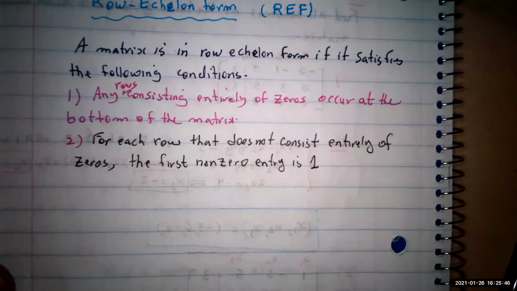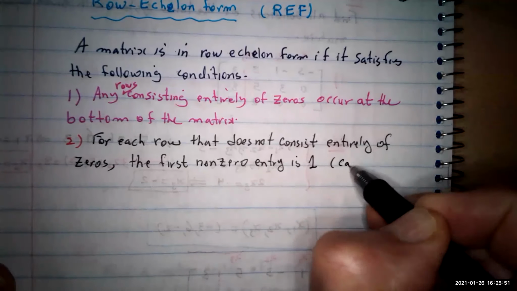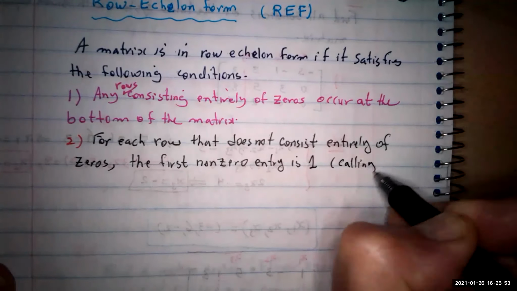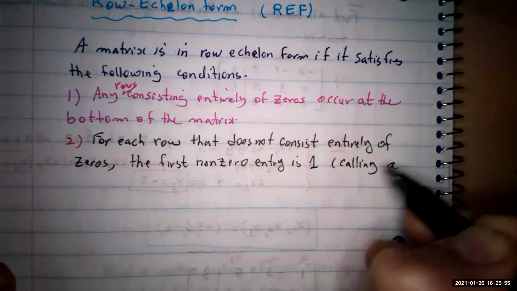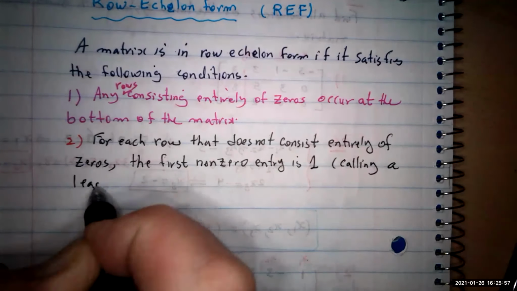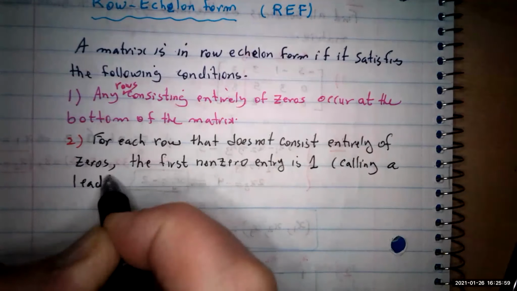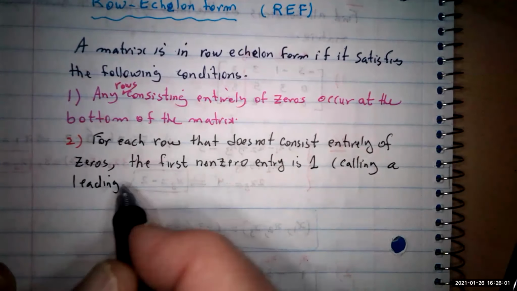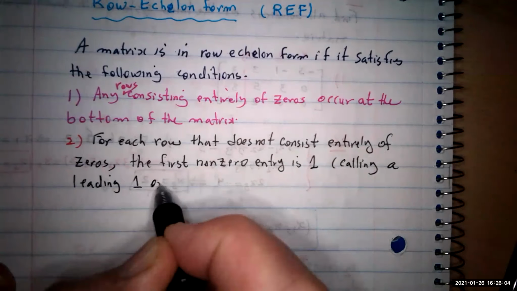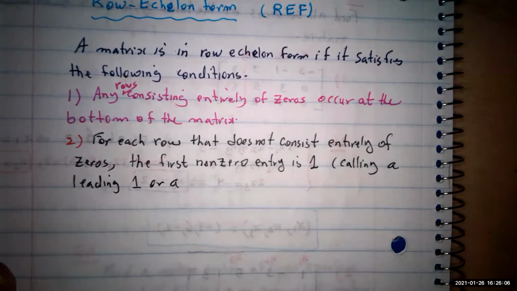So it is 1. This 1 is going to be called the leading one, because it's going to be used for some other purposes in the future. We call it the leading one or a pivot.